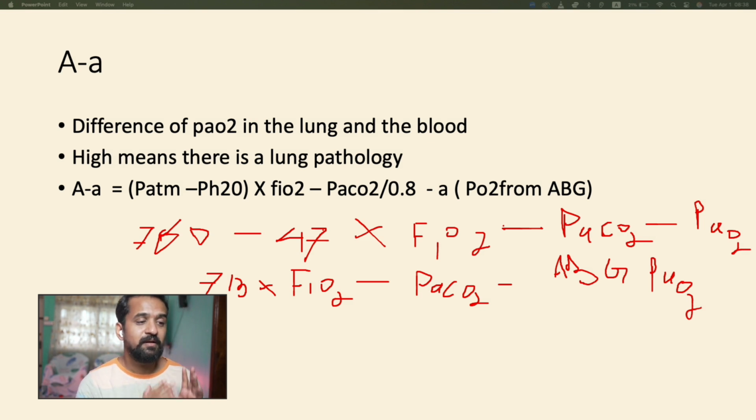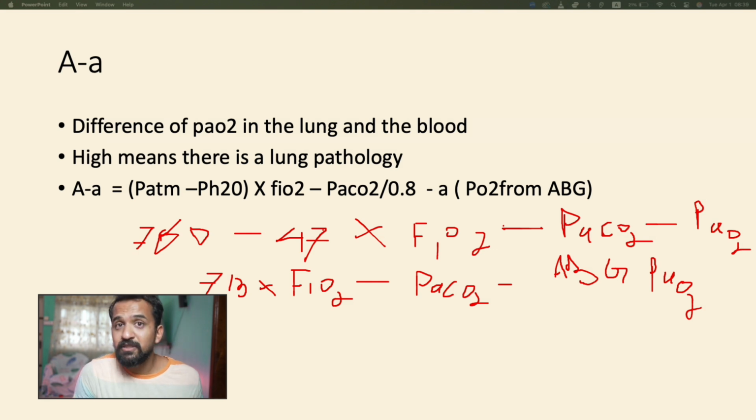Now the equation goes like this: atmospheric pressure, which is 760, minus water pressure, which is 47, and ideally you have 713. So if you're living in a place like me, which is at sea level, our atmospheric pressure is 760. Yours might be different depending on the altitude. So let's say you get 713 times the FiO2.